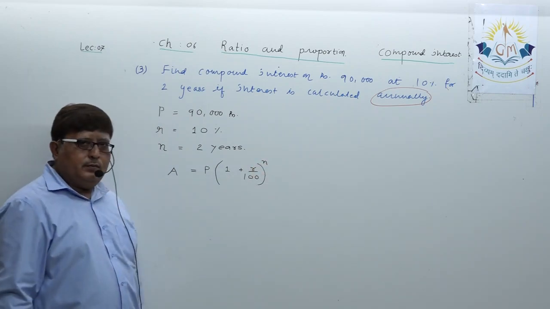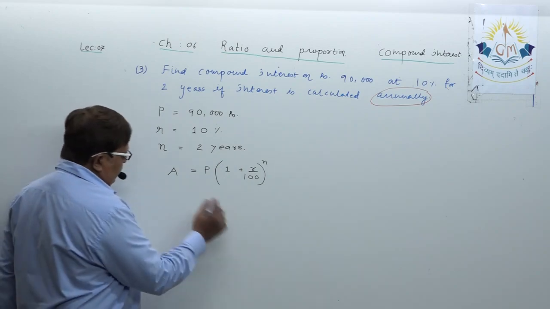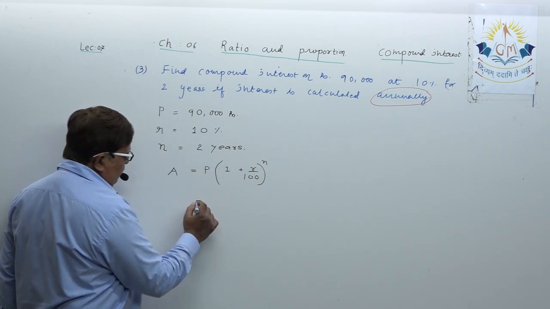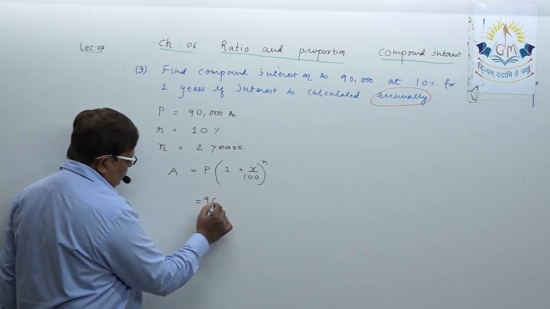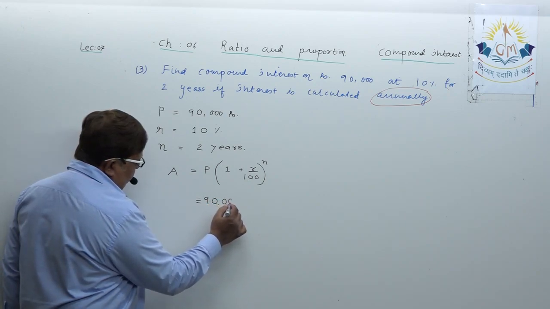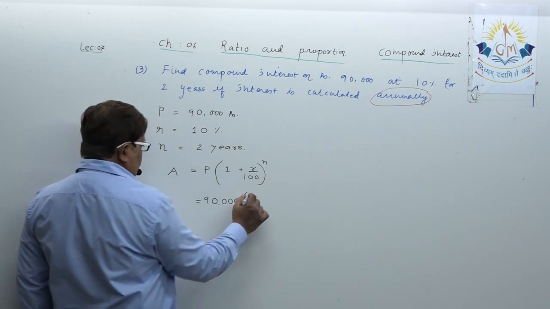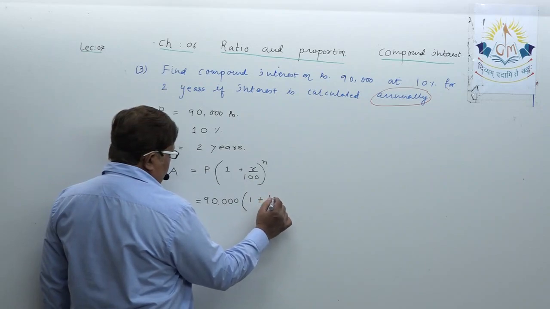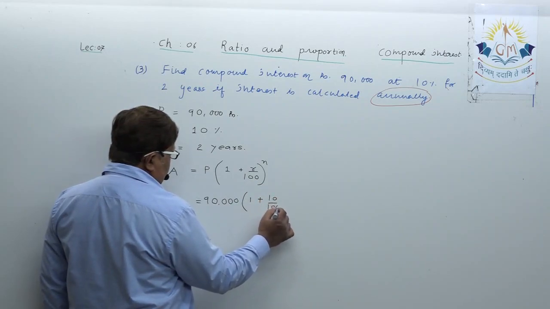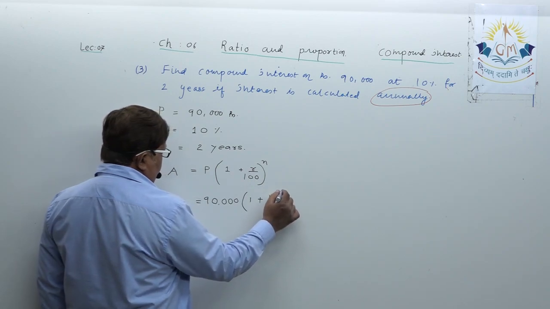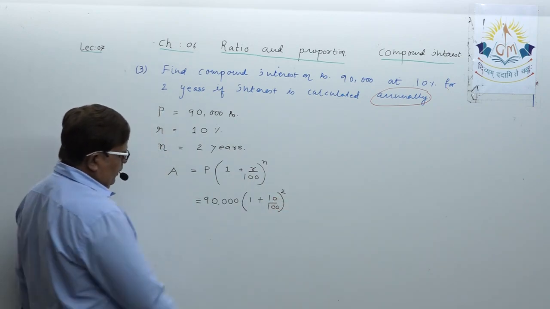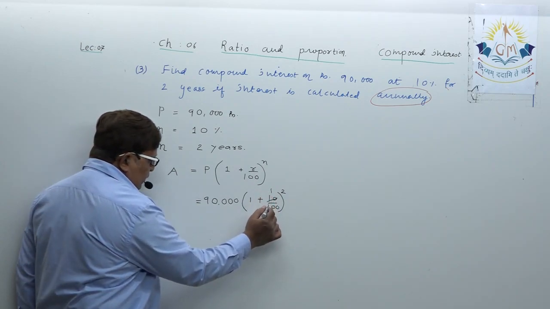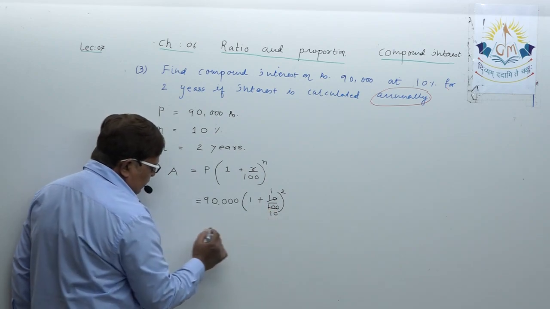Okay, then you must have substituted all values, dear student. P, that is 90,000, 1 plus 10 upon 100 raised to 2. Okay, one cancellation possible. 10 1 ja, 10 10 ja.